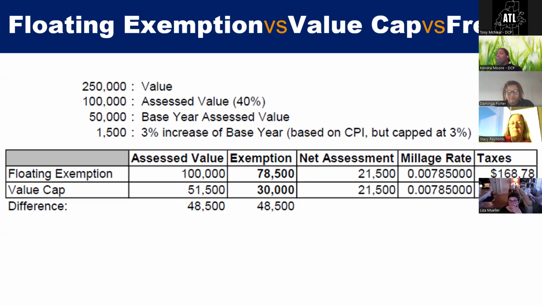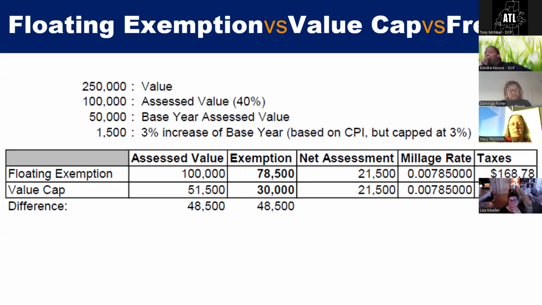So a $50,000 value could only go up $1,500 in one year rather than going up $50,000. As a result, the actual taxable value using this floating exemption is going to be capped at $51,500.